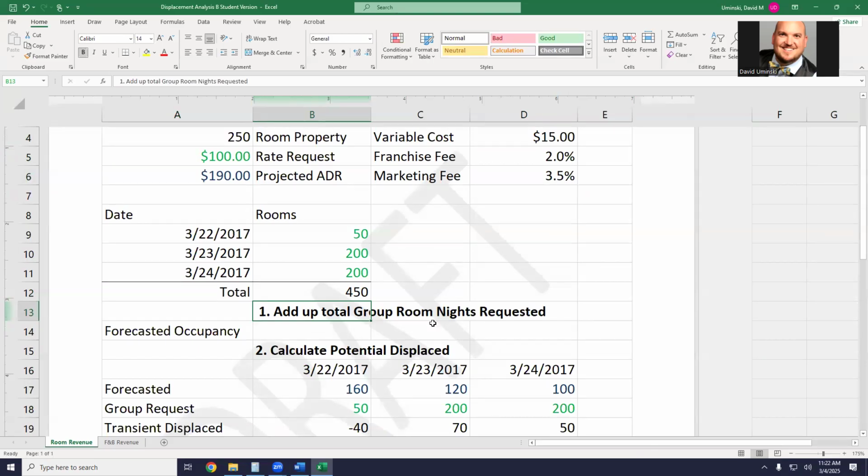Hopefully this one will help guide you a little easier than the one I gave you last week, because I've put the steps in here embedded with the actual displacement analysis, but I've also given you the steps on a separate page. Food and beverage is on one side, room is on the other side. So the first thing we're gonna do is add up the total group nights requested.